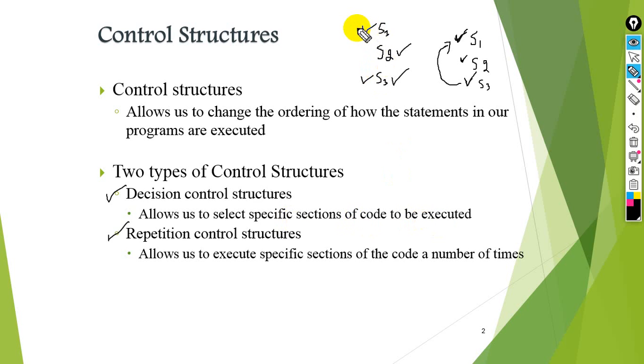The repetition control structure allows us to execute a specific section of the code a number of times. We select which portion to repeat, maybe 5 times, 6 times, 20 times, and after that the next statement executes. A decision control structure type is the if statement.